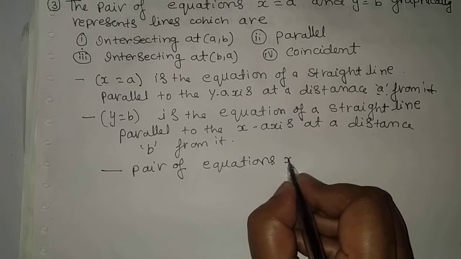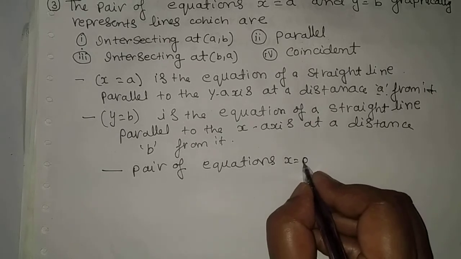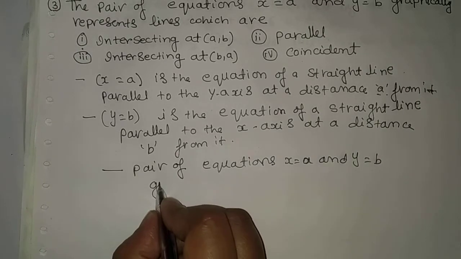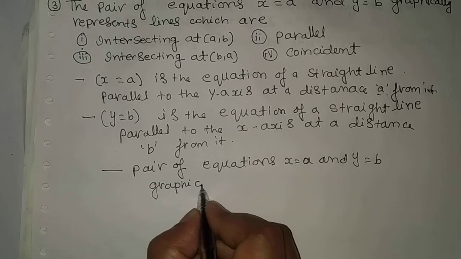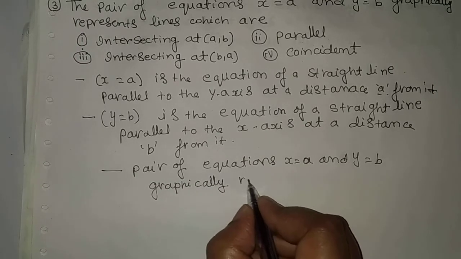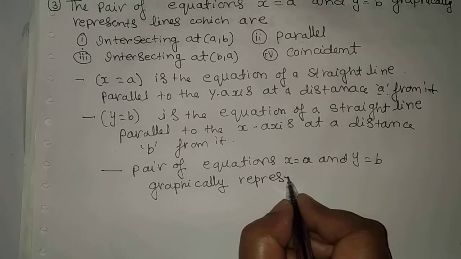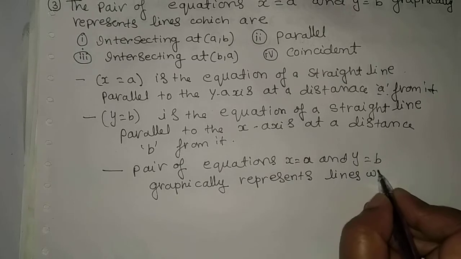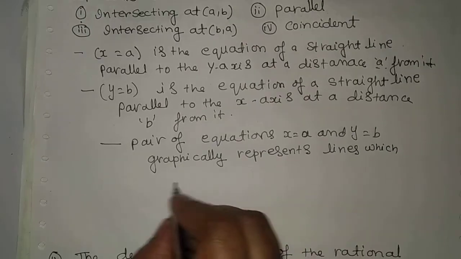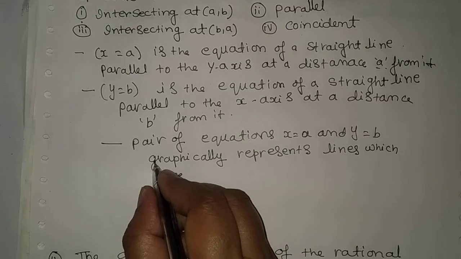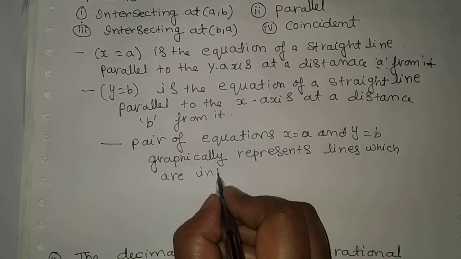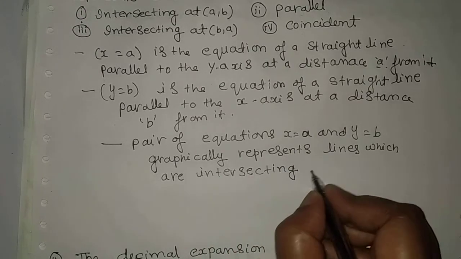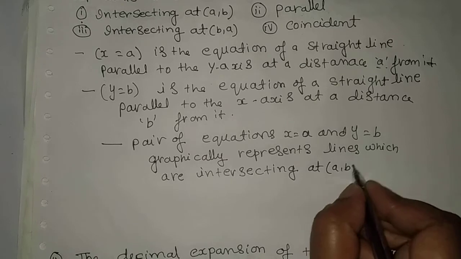Two points are there. The pair of equations x is equal to a and y is equal to b graphically represents lines which are intersecting at (a, b). So these are the few points.